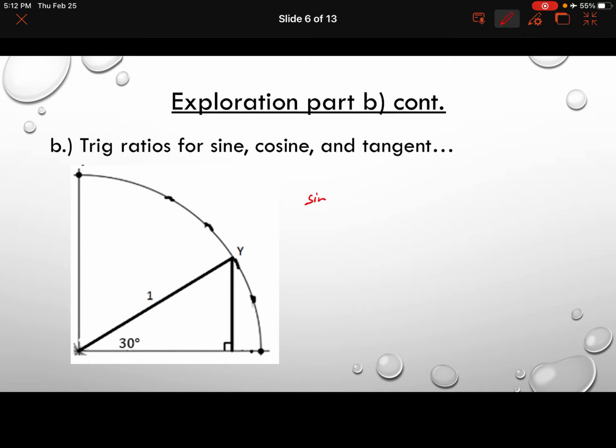So sine of 30 degrees, since the opposite side was exactly 0.5, is opposite over hypotenuse, which in this case is 0.5 over 1. And then cosine and tangent on your own, because I'm focusing on sine as a model so that you'll be able to do them on your own.